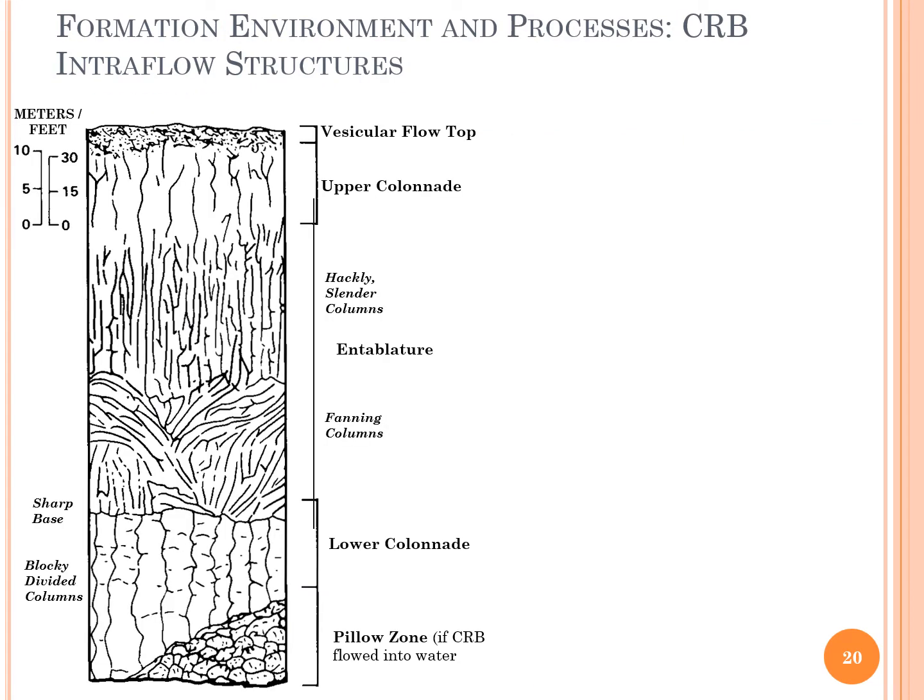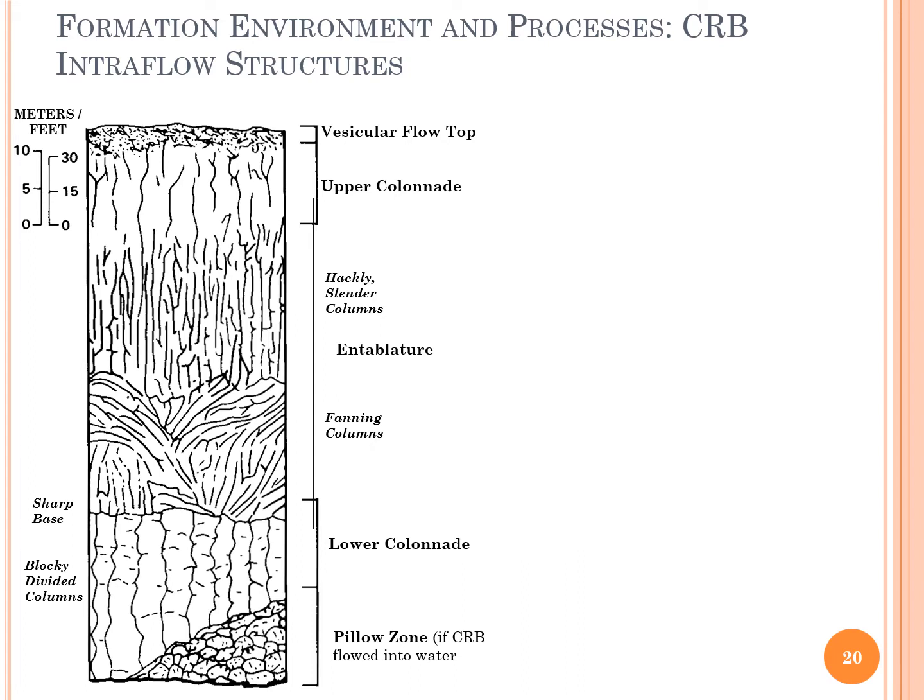Now let's talk a little bit about the formation environment and processes of the Columbia River Basalt Group. All basalts, but particularly flood basalts, when they have a perfect or idealized flow, will have these components. They'll go from a zone below, which if it flowed out into water may actually produce pillow basalts. We'll talk about those a little bit later.